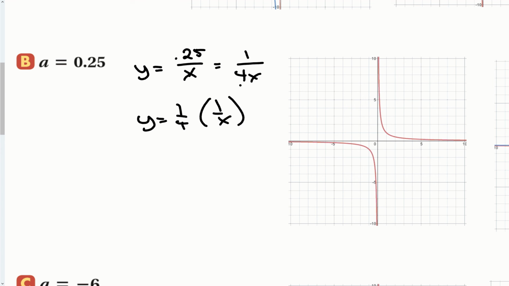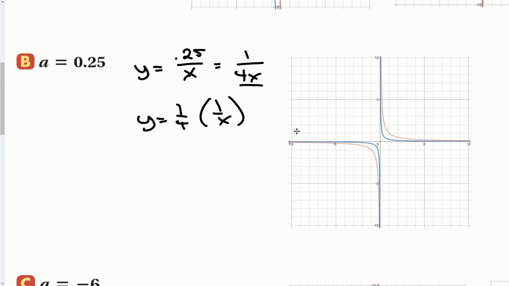And so we can get the number in the bottom. And now that has the effect of compressing the function. So if we start with our parent function right here, and we look, the blue one is my new function. It has now been compressed. It has been pushed closer to the x-axis.